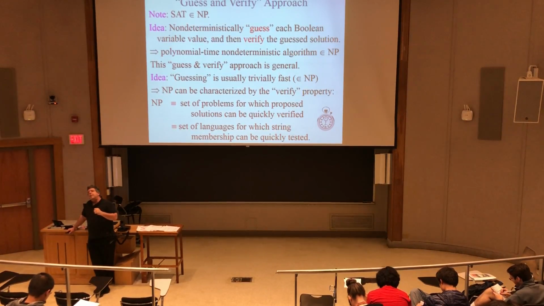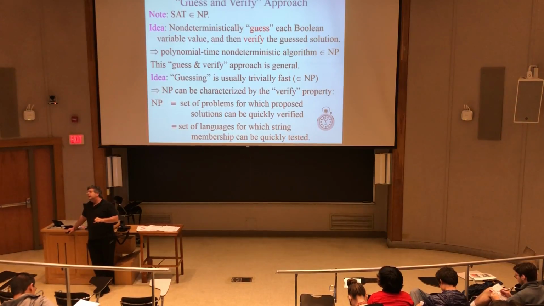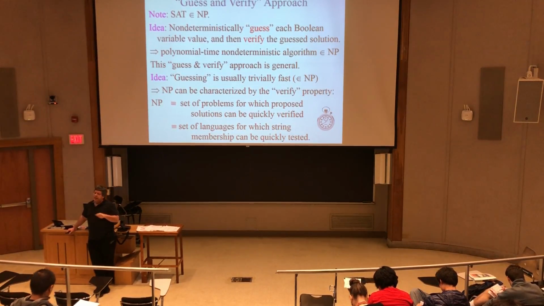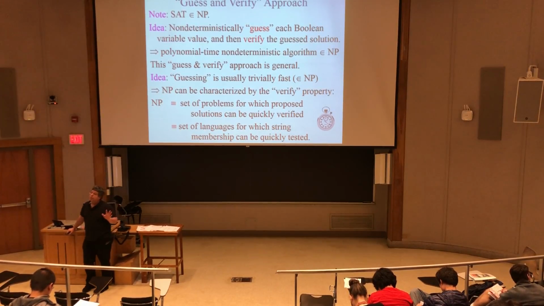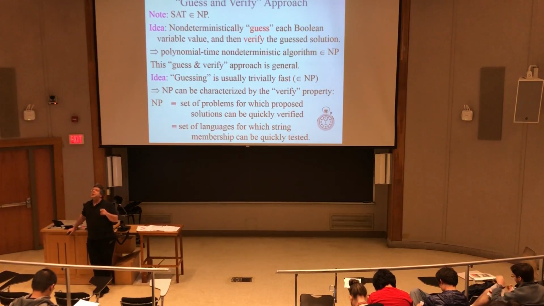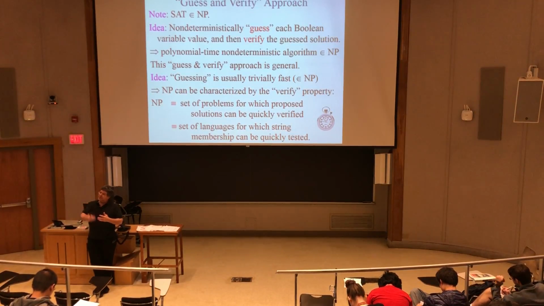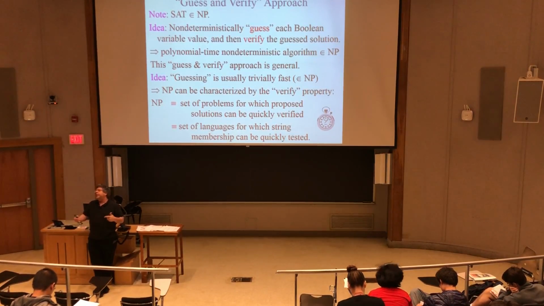What you can do is a binary search on the tour length, and for each one of those, ask if there's a tour of less than size k, and keep binary searching on this maximum tour length, and keep narrowing it down. So if you don't know the optimal tour length, use the subroutine that asks, is there a tour less than size k? And that you can do non-deterministically by guessing the tour and then verifying that it's less than k.